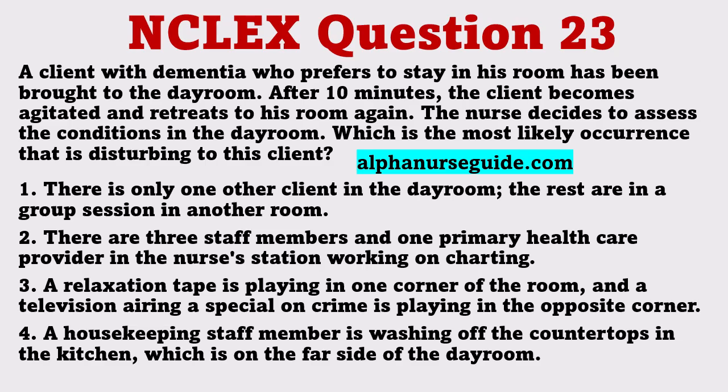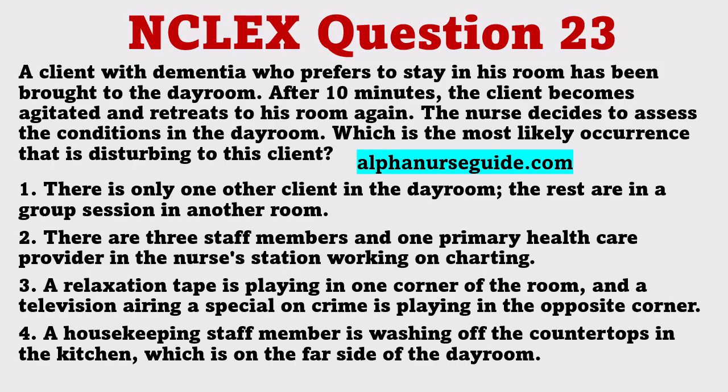The rest are in a group session in another room. 2. There are 3 staff members and 1 primary healthcare provider in the nurse's station working on charting. 3. A relaxation tape is playing in one corner of the room, and a television airing a special on crime is playing in the opposite corner. 4. A housekeeping staff member is washing off the countertops in the kitchen, which is on the far side of the day room.